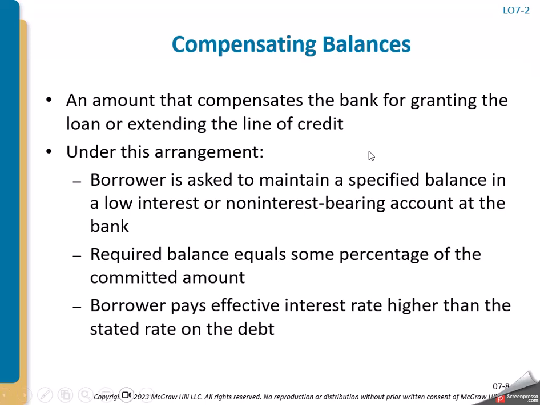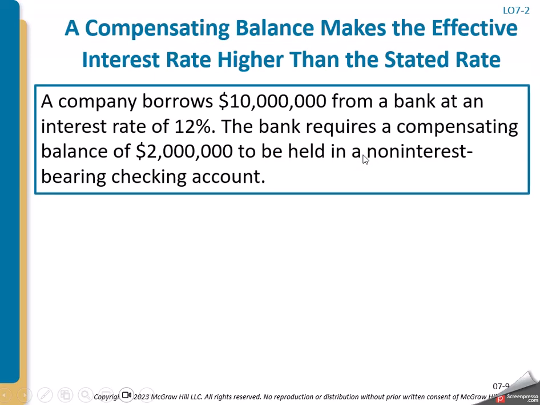Sometimes banks will also require you to have a compensating balance. They may give you a loan or a line of credit, but then they'll say, in order to have this low interest rate, you have to leave $25,000 in your bank account at all times. And if you drop below that, then you're going to pay a higher interest rate.